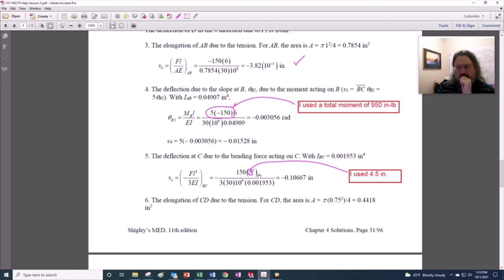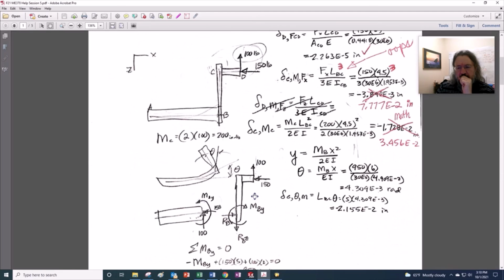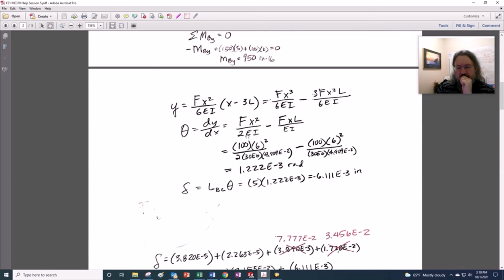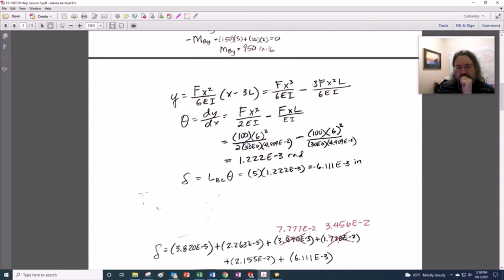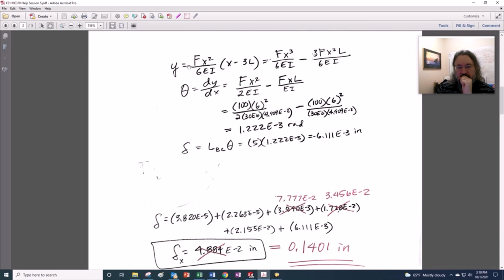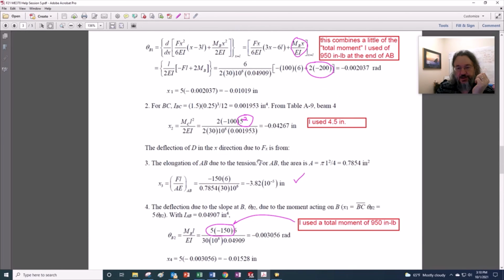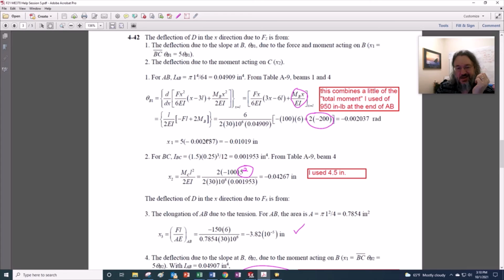And then the last thing that I think is different here. I'm just using this once again as a force on the end of the thing that was causing a slope, and then we had this 5 times those radians right there. And once again, they kind of mixed this up.